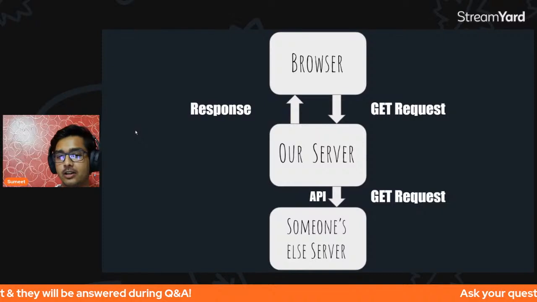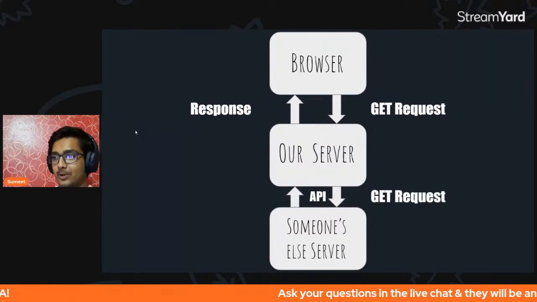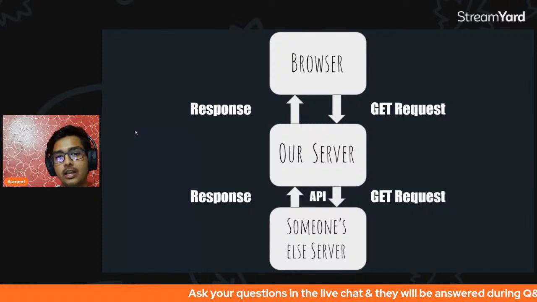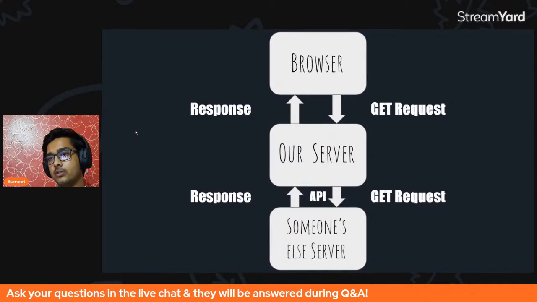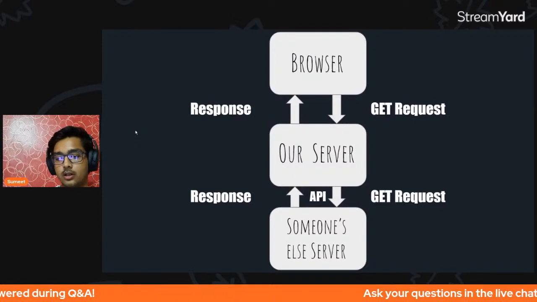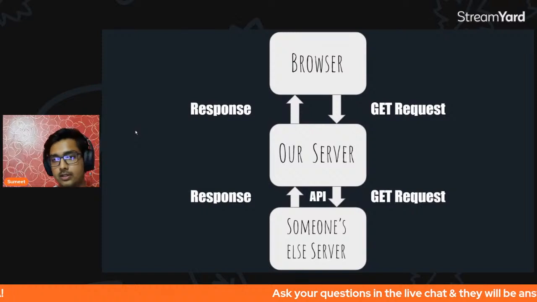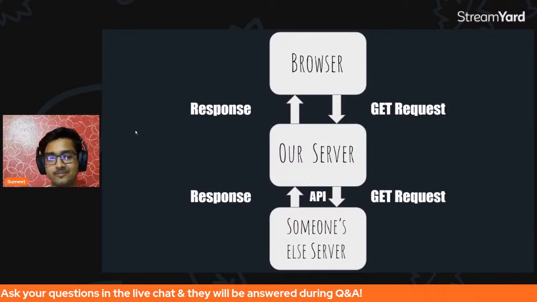That server will send a response back to our server with that particular piece of data, and that data will be sent back to the browser by our server with the fresh HTML CSS page. So the browser gets the data. This is how the whole web app is going to work.